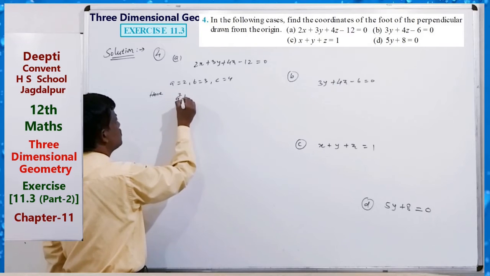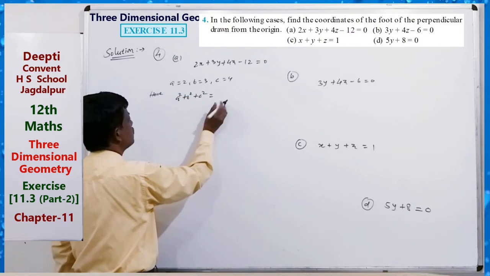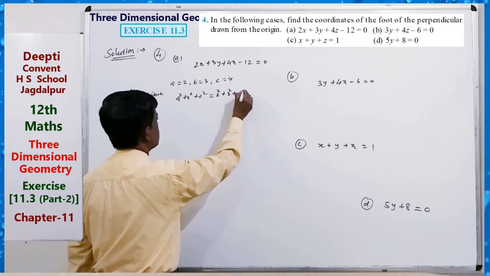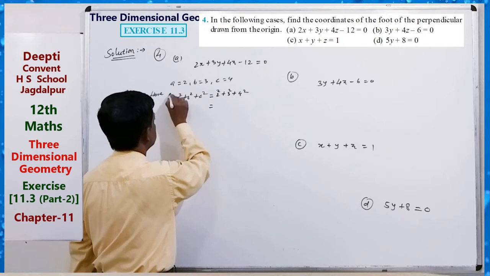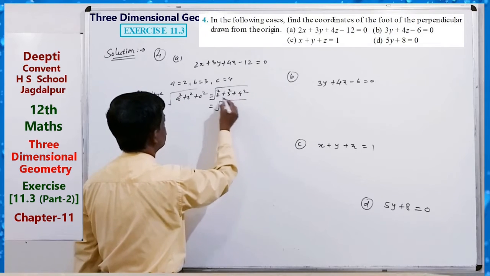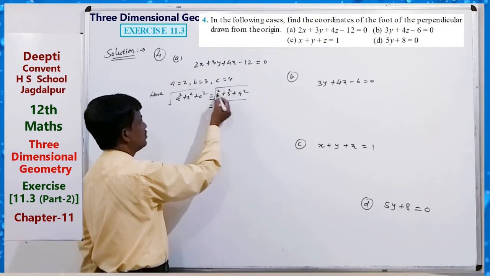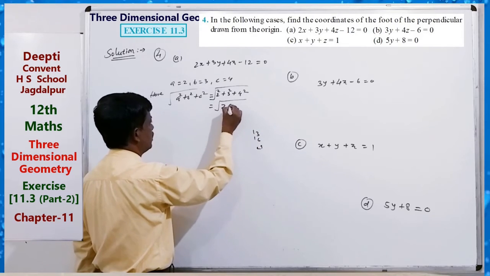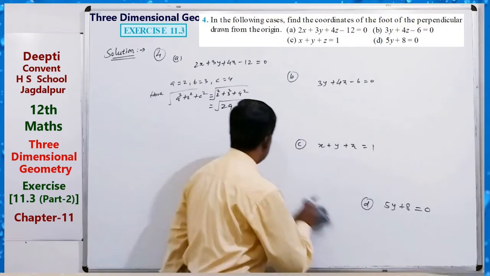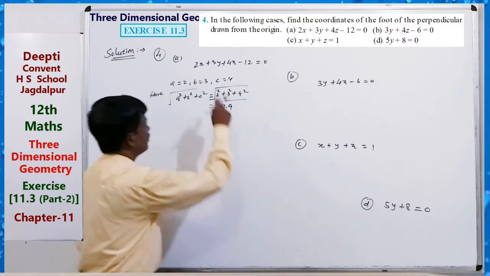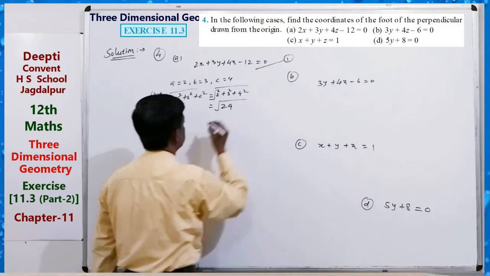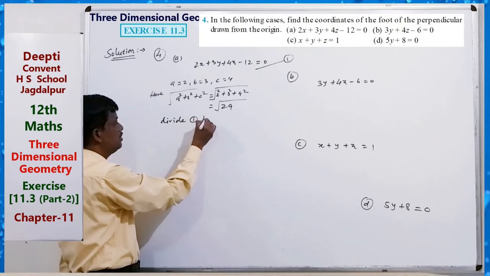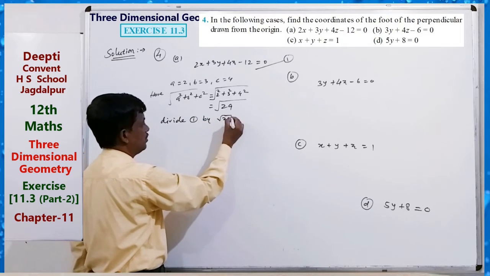So the square root of a square plus b square plus c square is root of 4 plus 9 plus 16, that is root 29. Divide equation 1 by root 29.